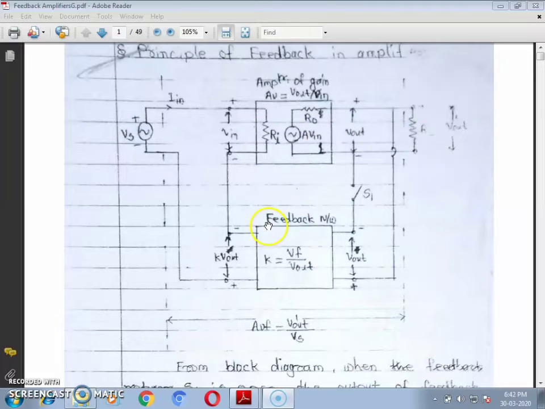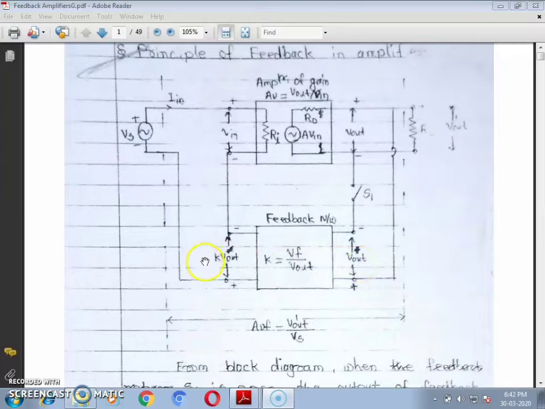The input to the feedback network is the output of the basic amplifier, a fraction of the output of the basic amplifier, and the output of this feedback network is labeled VF. So the gain of the feedback network is given as output entity to input entity.